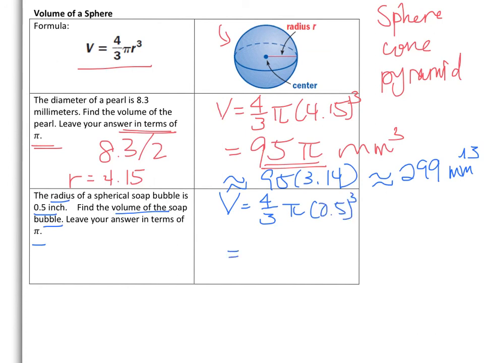Okay, and then after you do the math, you should get 4/3 times 0.5 cubed, pi over 6 inches cubed, or 3.14 divided by 6, 0.52 inches cubed.